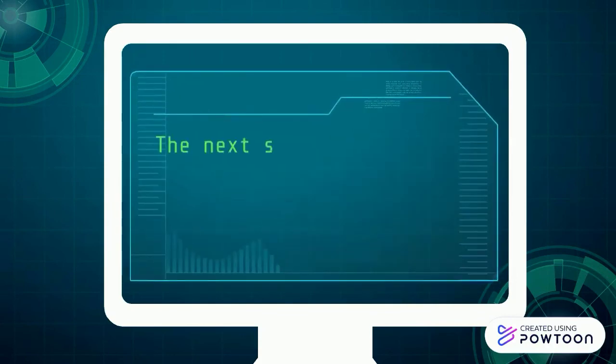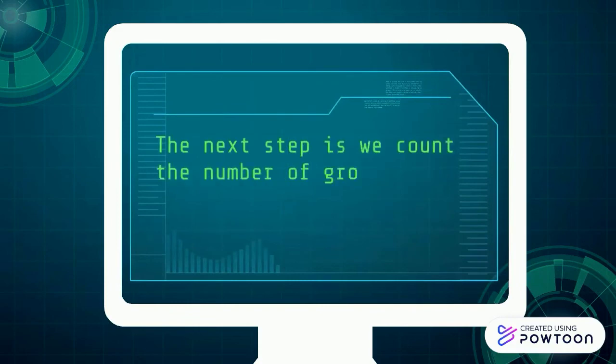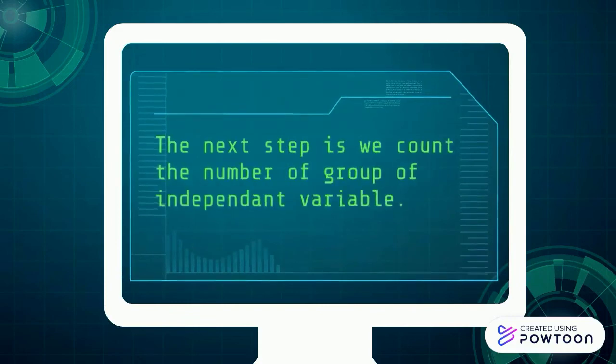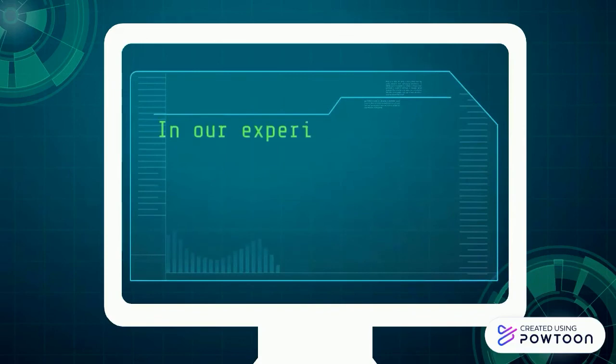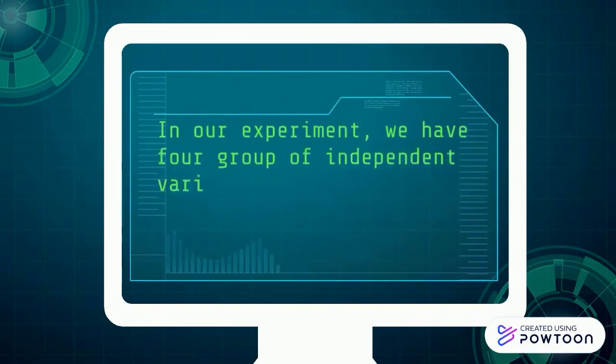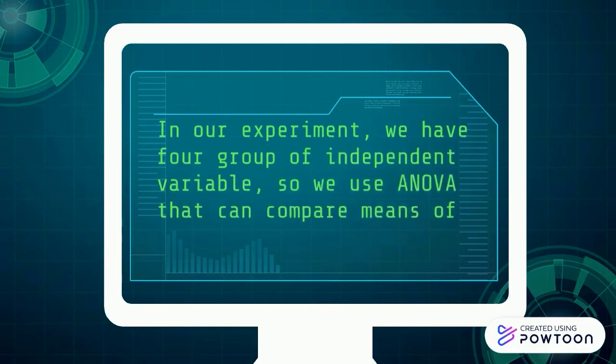The next step is we count the number of groups of independent variables. In our experiment, we have 4 groups of independent variables, so we use ANOVA that can compare means of more than 2 groups at a time.